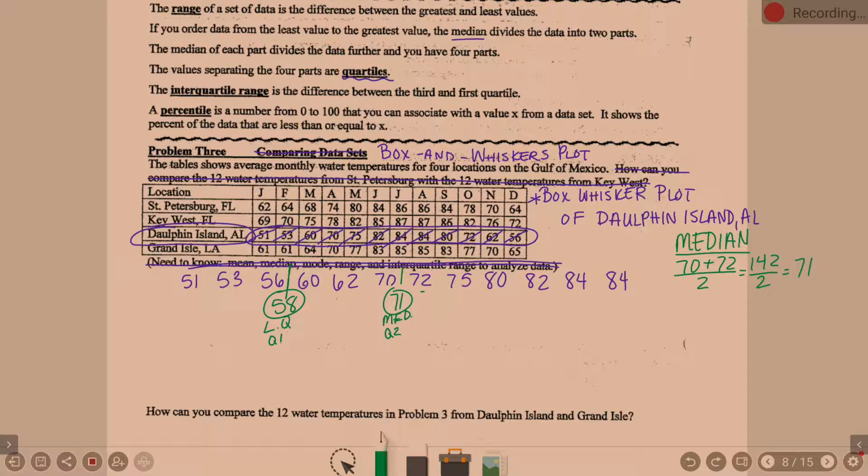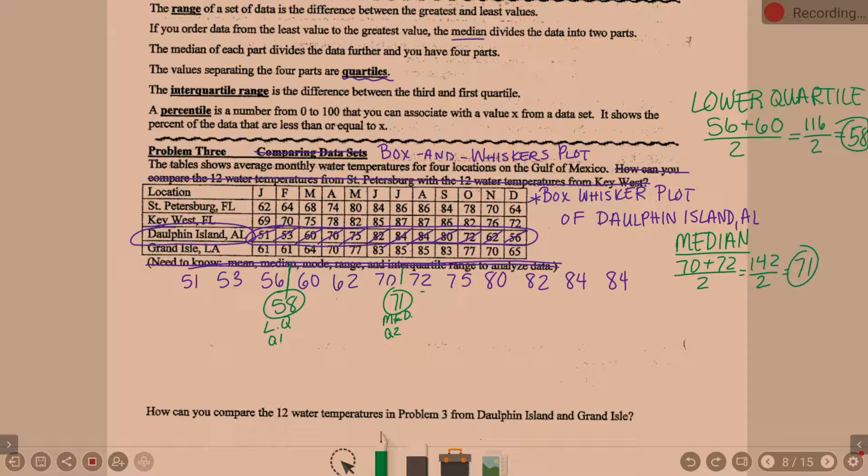Sorry, I'm not very organized, but in case you need it, I'm going to put the math over here. In order to do the lower quartile, 56 plus 60 divided by 2. 116 divided by 2 is 58.